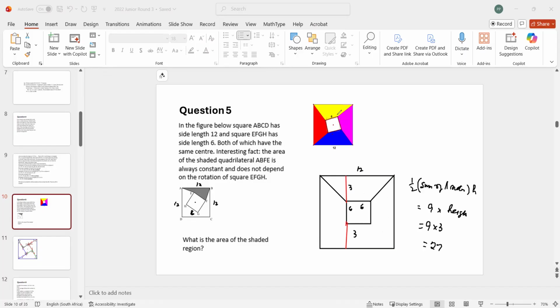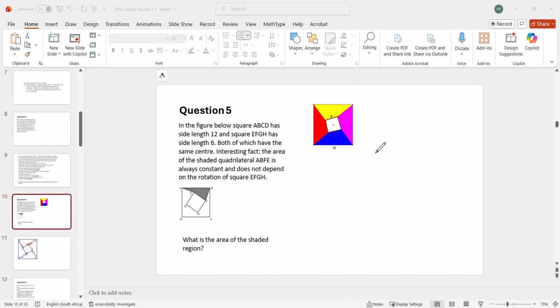But I think it's quite important to have a look at the situation here. Why? For me, or for any good math student, they should ask, why is the rotation independent of the way this is rotated? Here you can see the square is rotated a little bit.